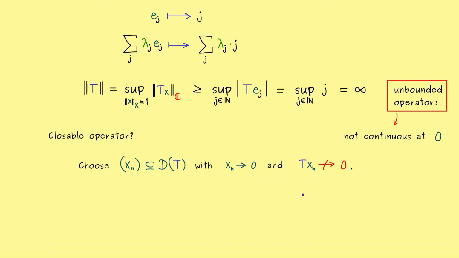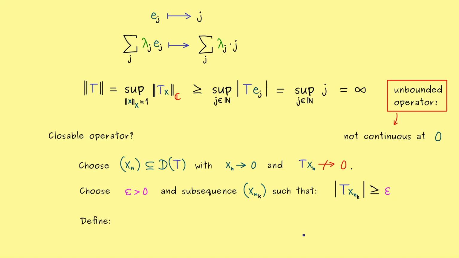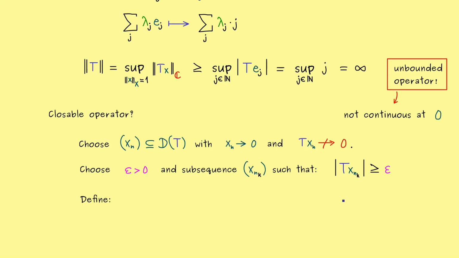But we also know that for infinitely many sequence members that does not happen. So it's possible to choose a safety distance epsilon from 0 and a subsequence x_{n_k} such that the images stay away from 0 with distance epsilon. So the absolute value is greater or equal than our epsilon. Therefore, now we can conclude it's allowed to divide by this number.